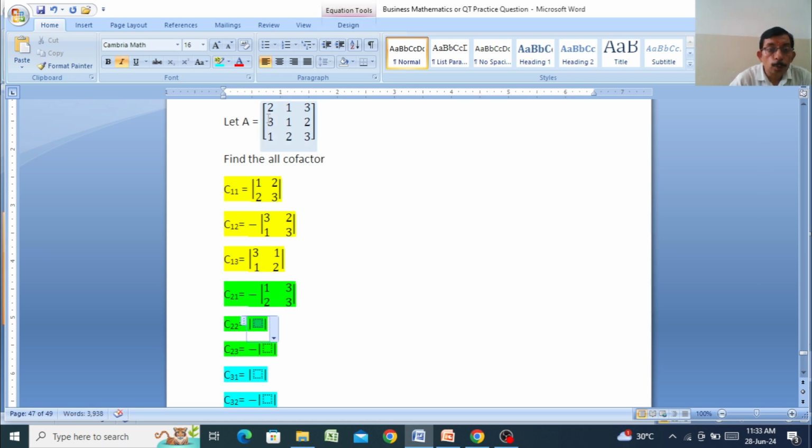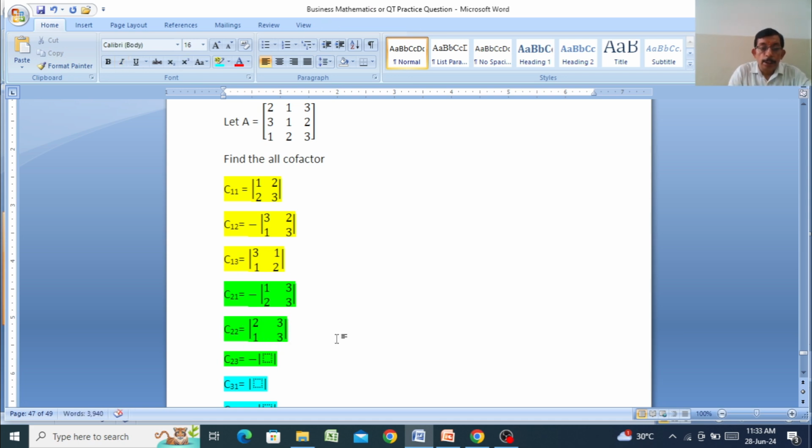The second row, second column element is cancelled out, leaving 2, 3, 1, 3. Is it clear?